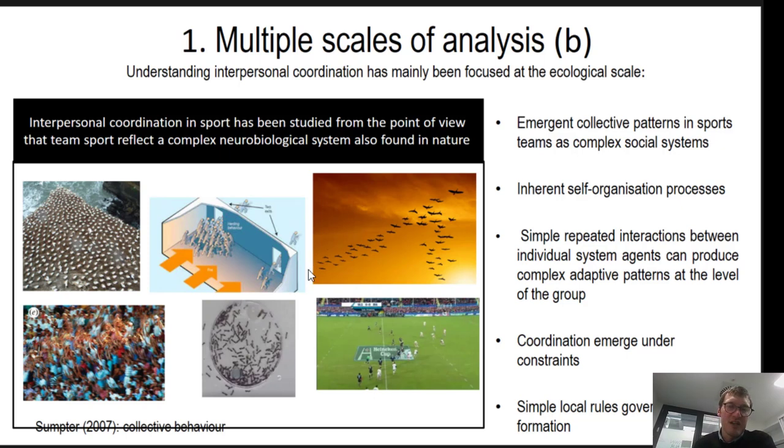Perhaps a simple example is of these birds. As they're flying, we've got this interesting pattern where we have a kind of V shape. And rather than saying it's this leader bird here that is dictating the movement of all of these other birds, that's not what happens. This is a fairly energy efficient situation for the birds to move in.